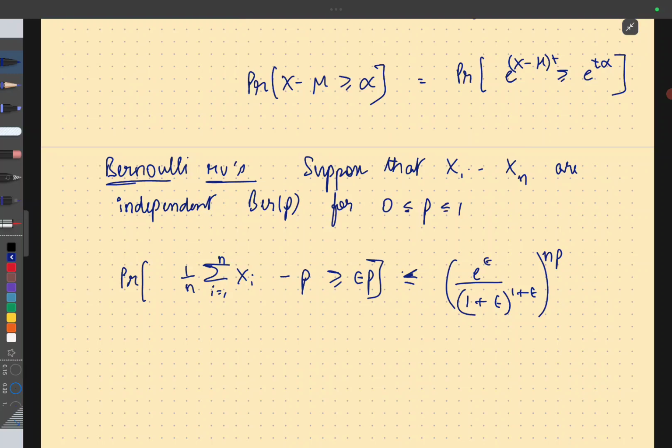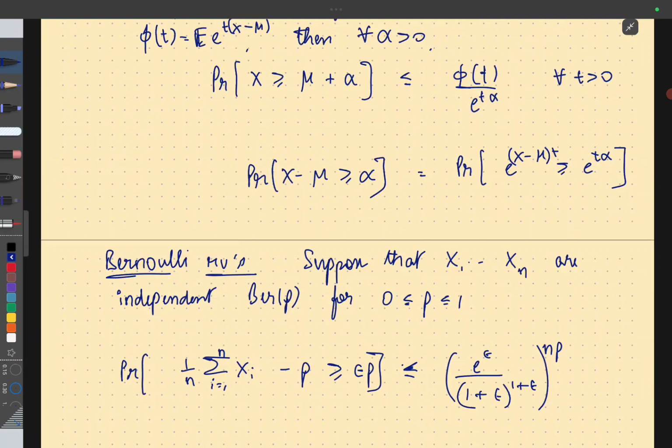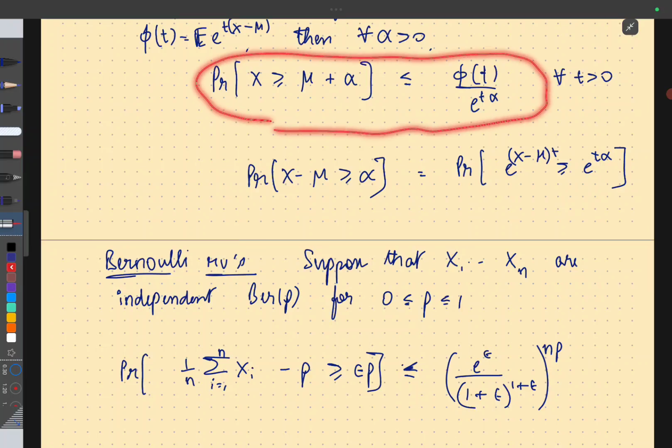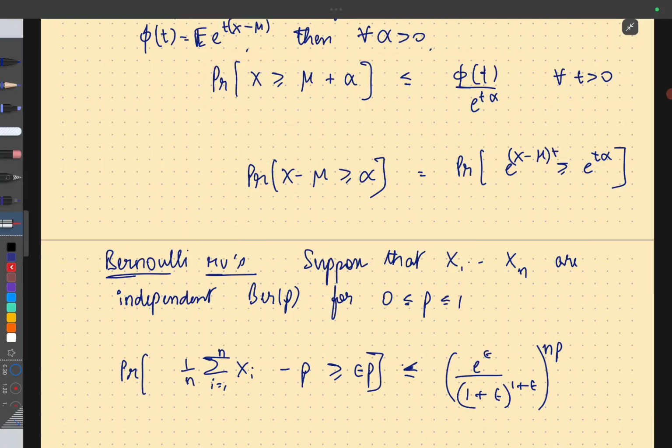All right. This is something that you can get essentially by taking the Chernoff bound and trying to minimize the right hand side over all possibilities. Remember that the Chernoff bound is parameterized by a t which is greater than 0. So for every value of t greater than 0, you get a bound on the right hand side. And obviously, since it holds true for all t greater than 0, you can take the minimum over all possible t on the right hand side.